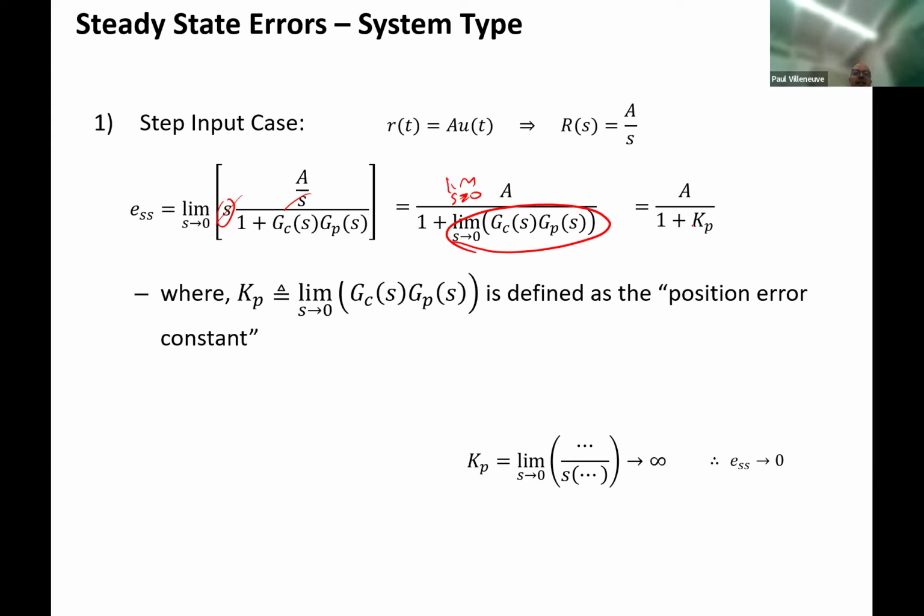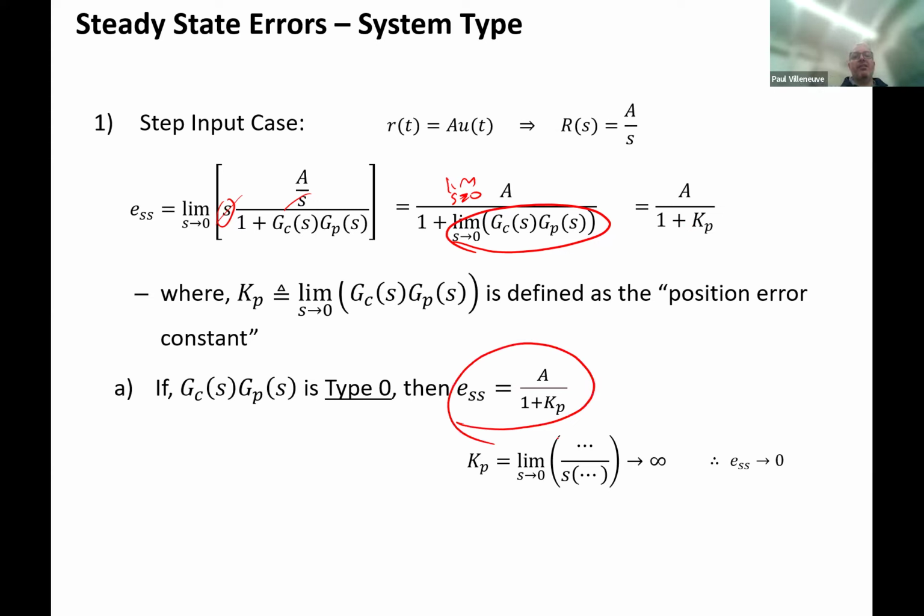K sub P is defined as our position error, and you'll see where position comes up in a little bit. And if it's a type 0 system, with no integrators in the system, then my steady state error becomes A over 1 plus K sub P.